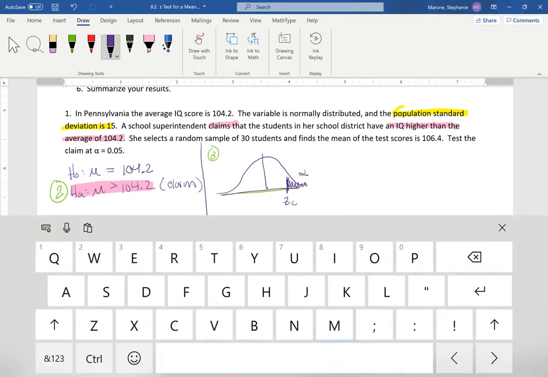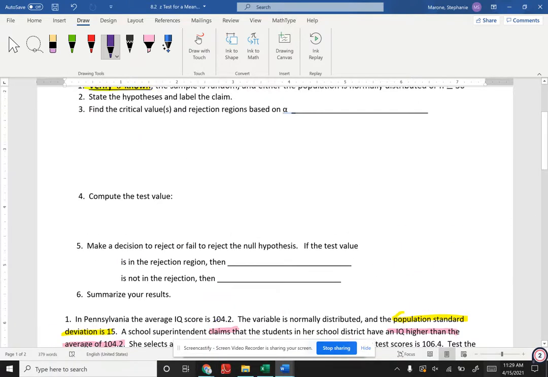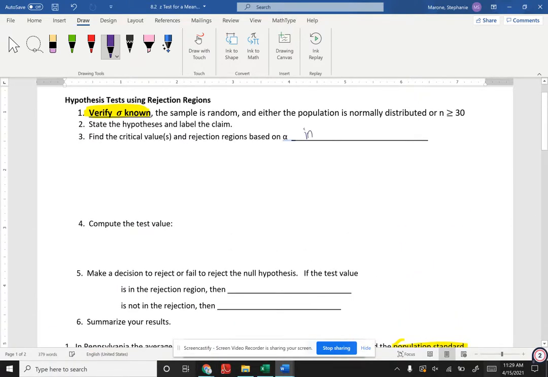So Z sub C, in order to find that, we need to do the inverse norm. Sometimes you do the inverse norm of alpha. Sometimes we do the inverse norm of alpha over 2.